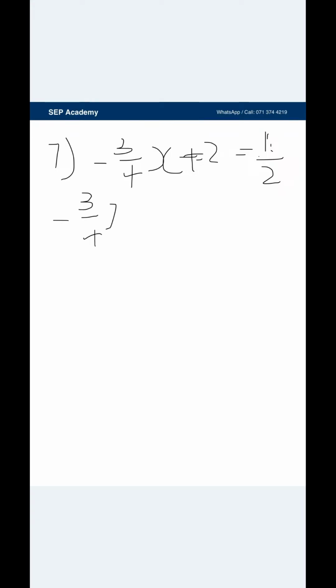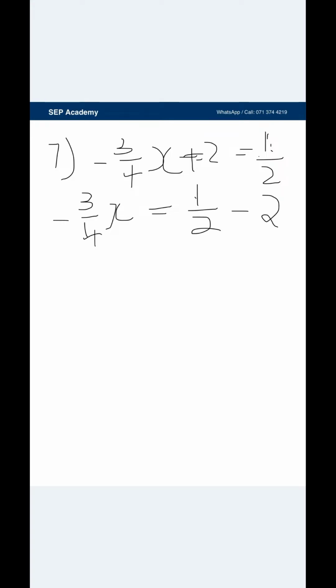Okay, so now let's say this to be example number 7, where let's say you have negative 3 over 4x. Maybe let's add 2. Then let's say this is equal to 1 over 2. Again, this negative 3 over 4x, I will just leave it on the left hand side. And then I will take that 2 to the other side.